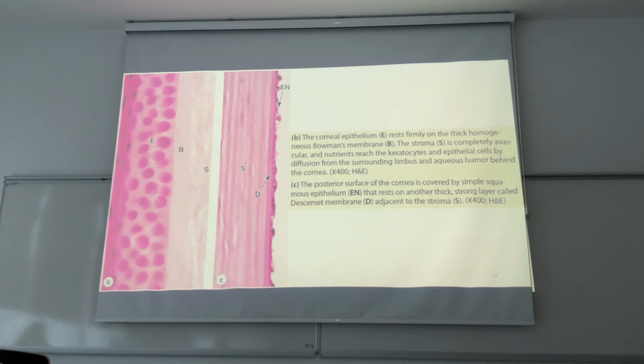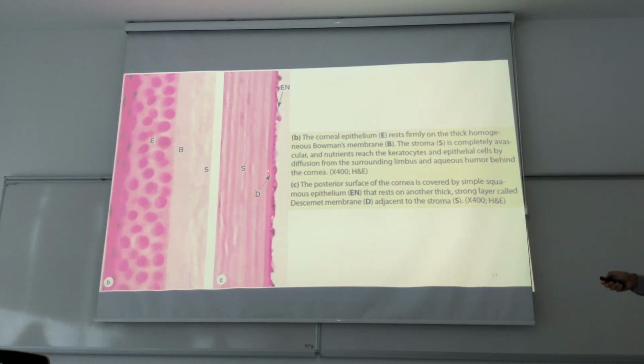Again here, what is the name of this part? Epithelium, stratified epithelium. What is the name of this area? Bowman membrane. Here is our stroma, sorry. And again, this part is our simple squamous or simple cuboidal layer, the endothelium.